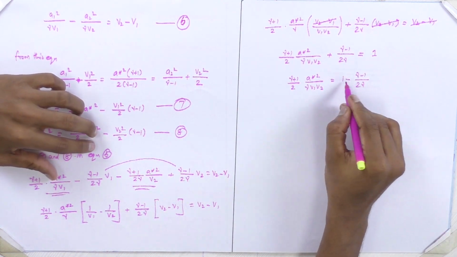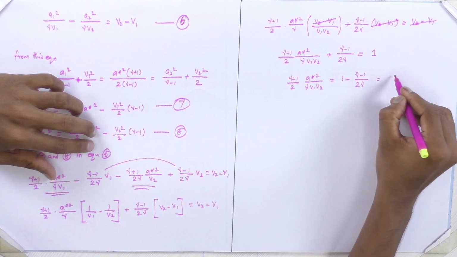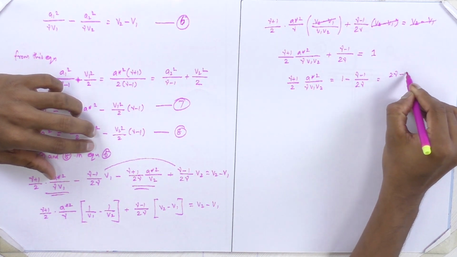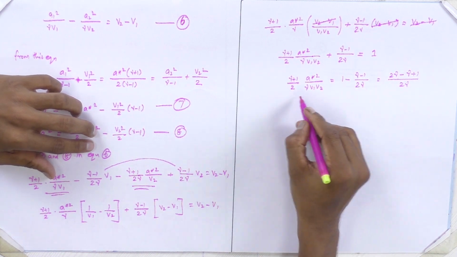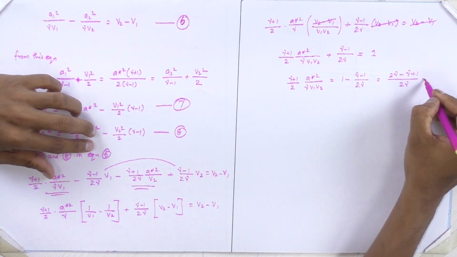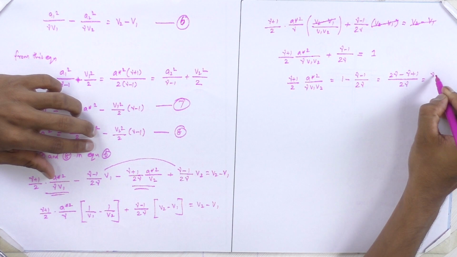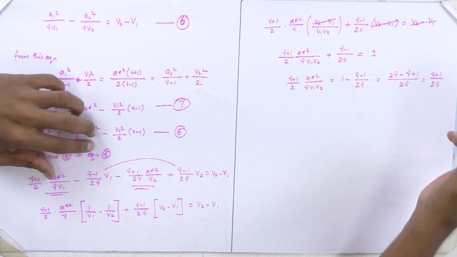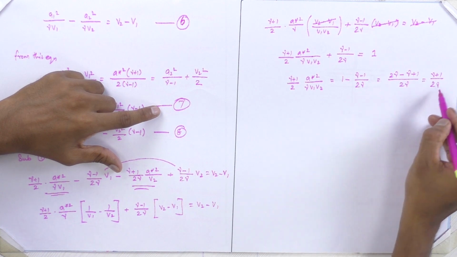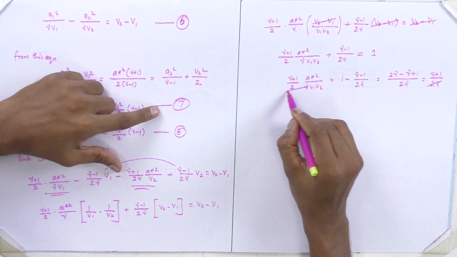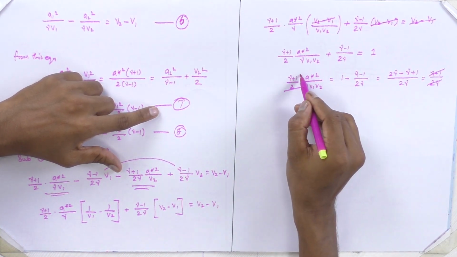Now we can take LCM here. So (2 gamma minus gamma plus 1) divided by 2 gamma. So this yields (gamma plus 1)/(2 gamma). If you look at both the sides, these two terms are common, and gamma plus 1 is also common.